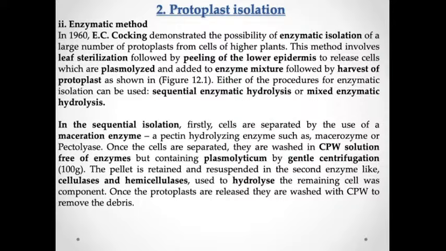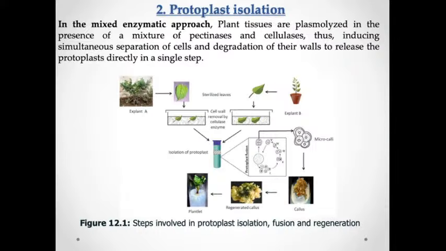So try to remember these enzymes and what their functions are. That is the main thing that you have to remember in protoplast isolation. Once the protoplasts are released, they are washed with CPW to remove the debris. So all the debris is removed in the sequential isolation. In the mixed enzymatic approach, plant tissue cells are plasmolysed in the presence of a mixture of enzymes, that is pectinases and cellulases, thus inducing simultaneous separation of cells and degradation of their walls to release the protoplast directly in a single step.